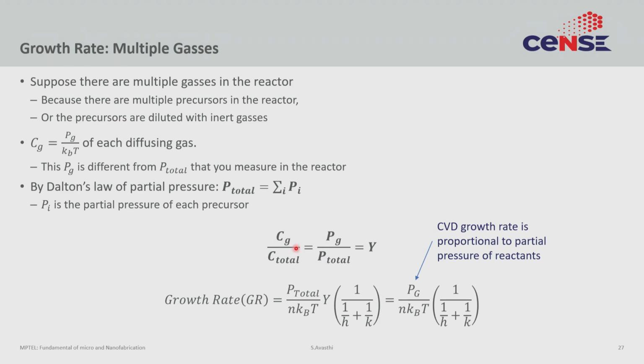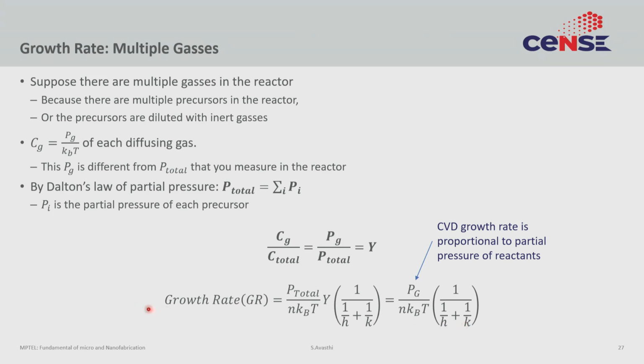So, these concentrations can now be converted to pressures, and here y is nothing but the ratio of partial pressure to total pressure. So, that growth rate equation that I showed before can then be written in terms of components that we actually control, which is pressure, temperature, Boltzmann constant, which is a constant, n, which is a material property, multiplied by the Henry's law constant, and the K, which is the reaction rate.